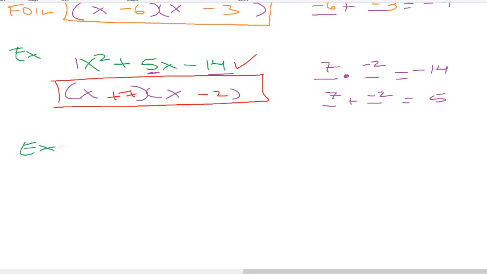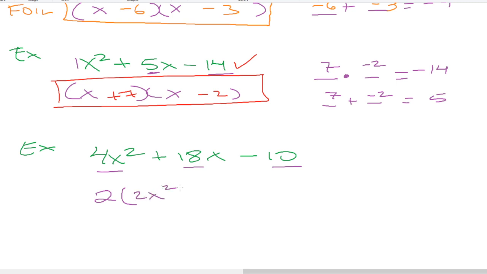So let's do 4x squared plus 18x minus 10. Now the first thing I want to do here is look at all three terms to determine whether there is a common factor. And there's a 2. 2 times 2x squared plus 9x minus 5. That would be the two factors. One factor, two factors. I got two factors here.